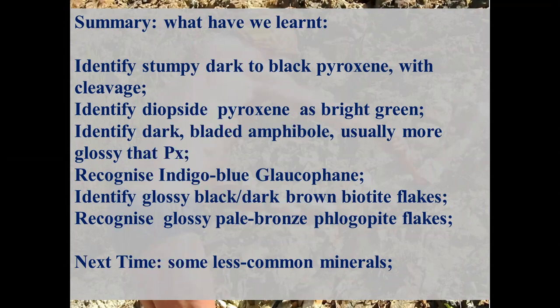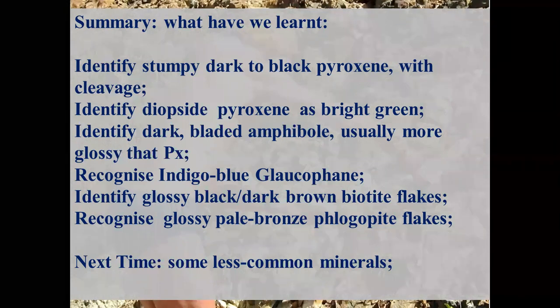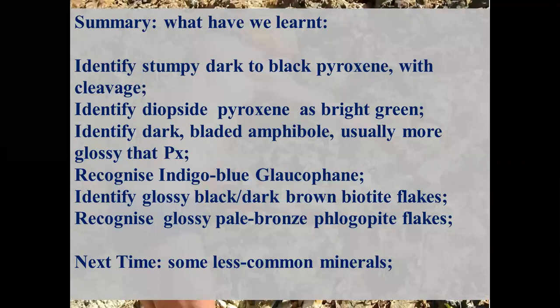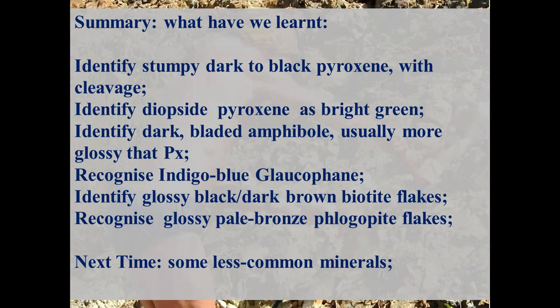And if you've got these very, very glossy, shiny, black to dark brown flakes and books of cleavage sheets, if you've got more of it, then that's your dark mica, your biotite mica. And if you've got all the mica qualities, the glossiness and so forth, but it happens to be pale bronze, then that's phlogopite mica in flakes.